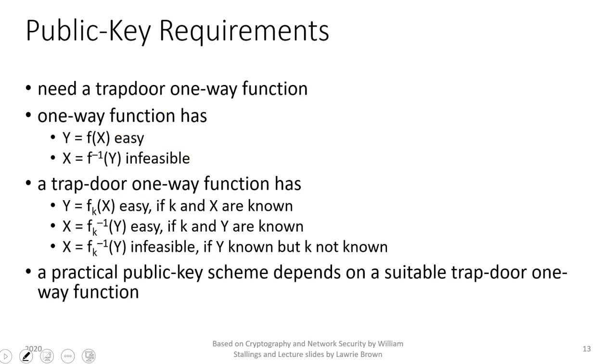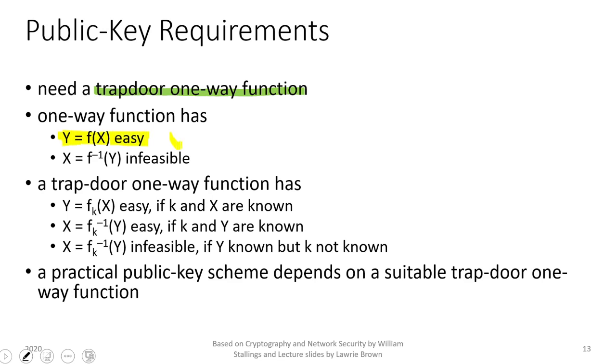Then another thing that we would want in a public key algorithm is what is called a Trapdoor One Way Function. The basic idea of one way functions is, say we have a one way function, so we can do this operation, y is equal to f(x), function of x, and this direction of computation is easy.